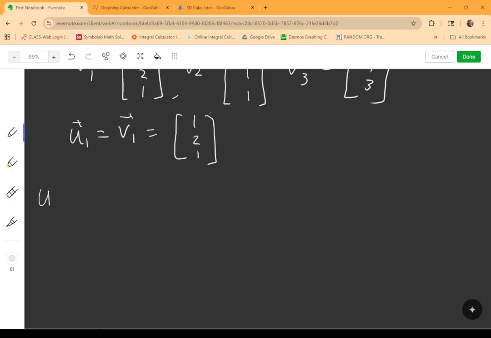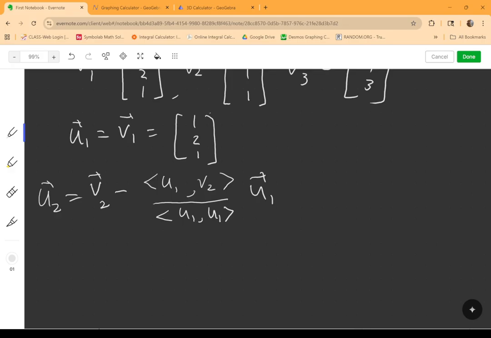All right. Now, U2 is going to be V2, but I'm going to subtract away everything that's in the direction of U1 from V2. So that requires this calculation: the inner product of U1 and V2, over the inner product of U1 with U1, times the vector U1.